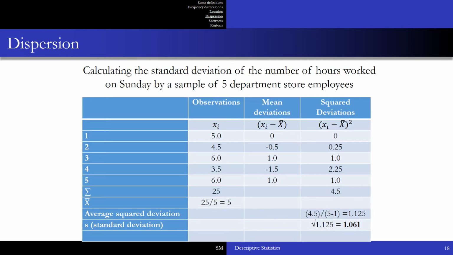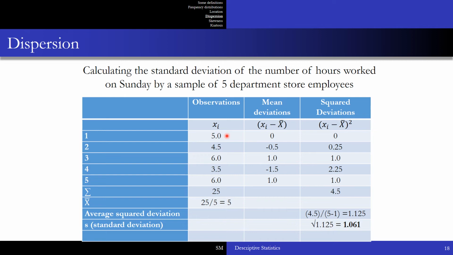Just to fix ideas, let's go through one final example. Here we're going to calculate the standard deviation, and in fact the variance as well, of the number of hours worked on Sunday by a sample of 5 department store employees. Here they are, employee 1, 2, 3, 4 and 5. And in this column, these are the observed hours that they work.